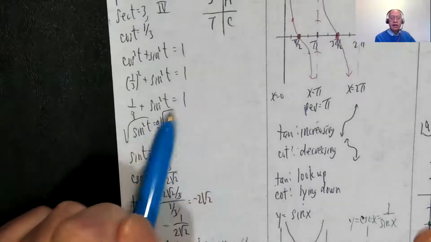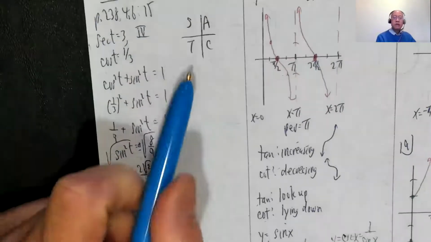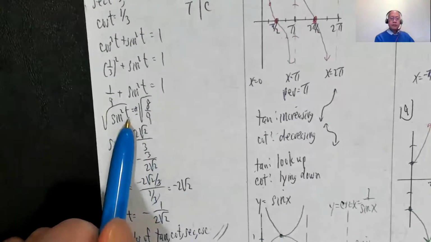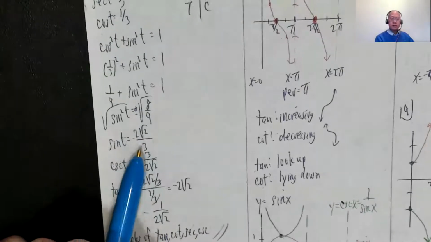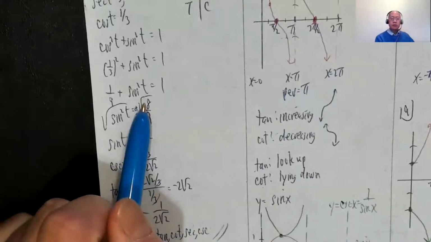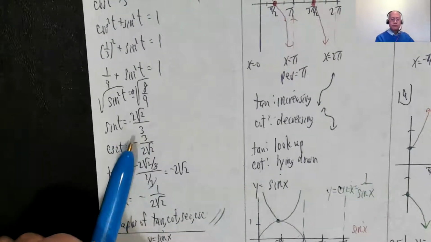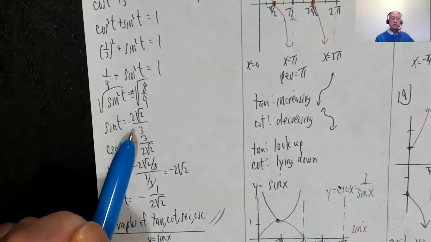1/3 squared is 1/9. Subtract 1/9. 9/9 minus 1/9 is 8/9. Take the square root of both sides. I'm in quadrant 4, so the sign of the sine is negative. So I want negative square root of 8/9. Square root of 9 is 3. 8 is 4 times 2. So sine of t is negative 2 radical 2 over 3. And once you have that, you got everything else.